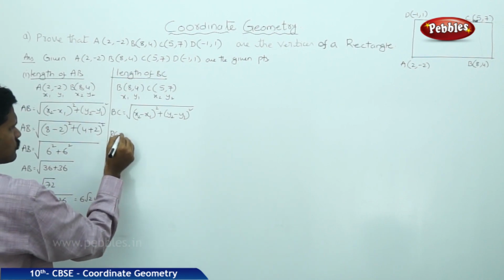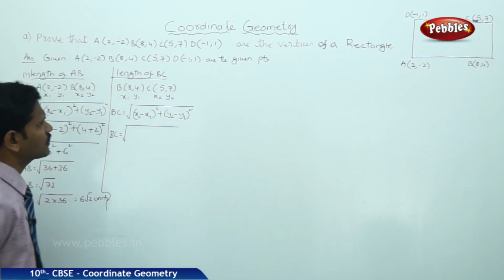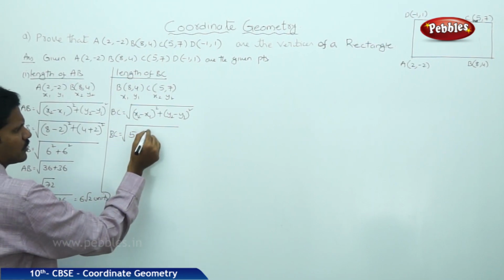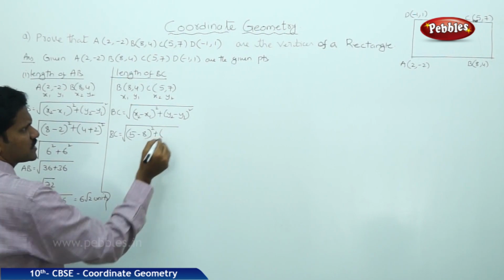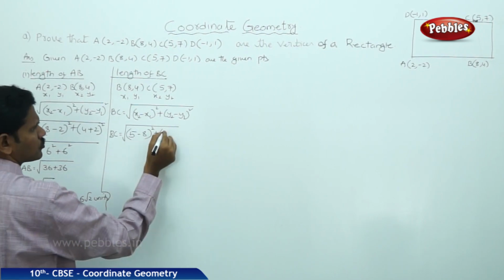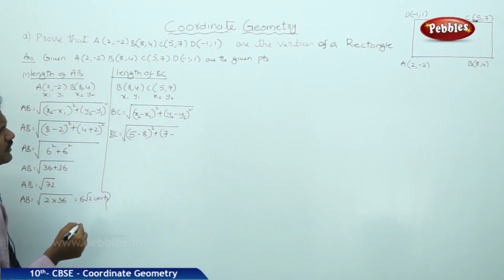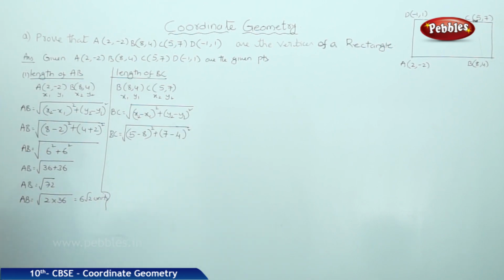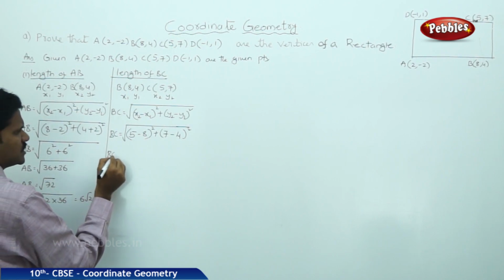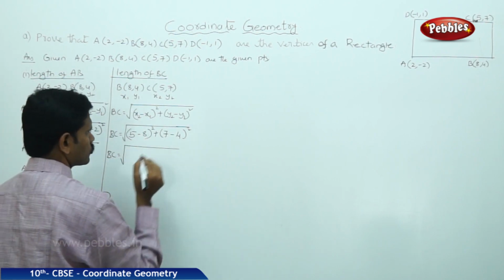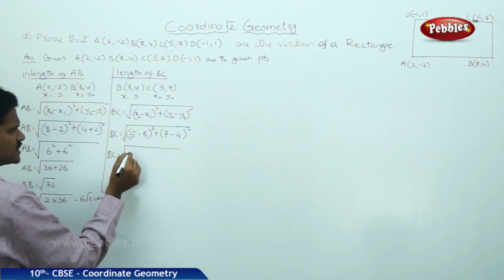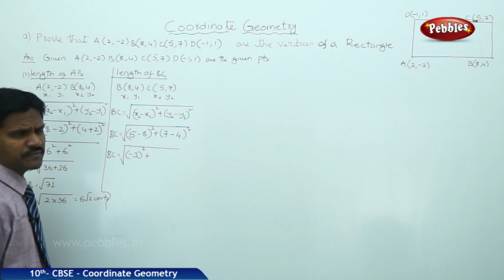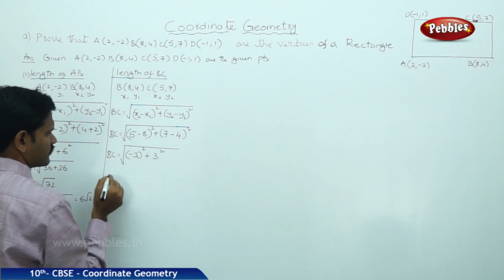That is BC is equal to root over x2 5 minus x1 8 whole square plus y2 7 minus y1 4 whole square. That is BC is equal to root over 5 minus 8, minus 3 whole square, 7 minus 4, 3 square.